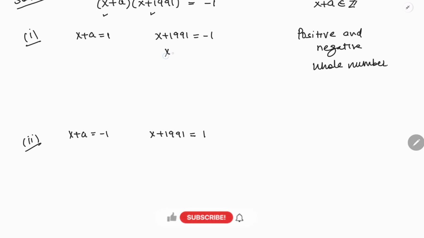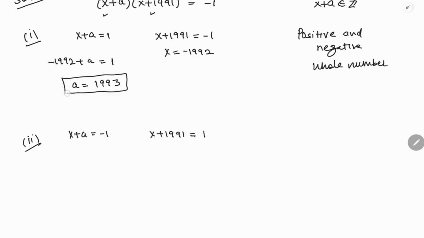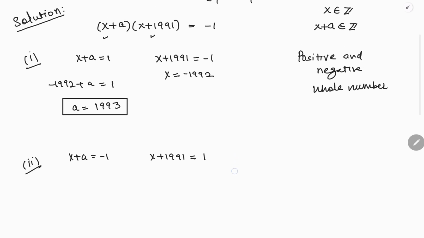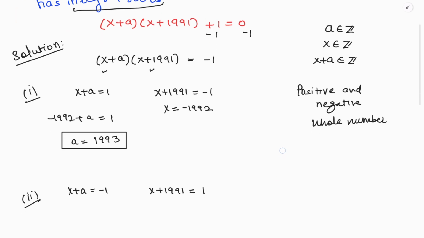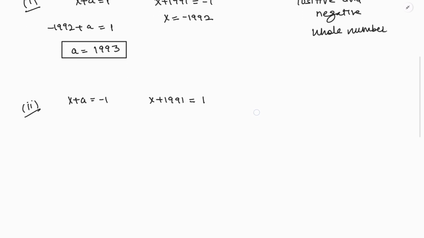Okay. So from here, when you take it to the right hand side, you get minus of 1992, right? So minus of 1992 plus a is equal to 1. This implies a is equal to 1993 in this case. And you were supposed to find the value of a only, right? Find the number of integral values of a for which the given equation has integral roots, right?